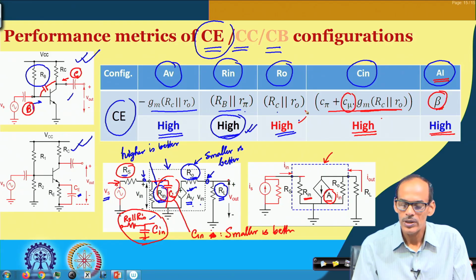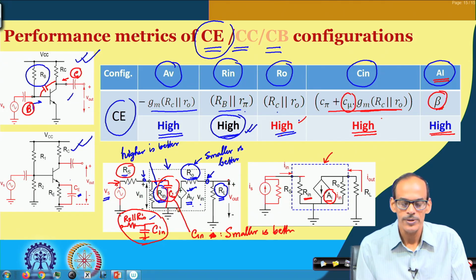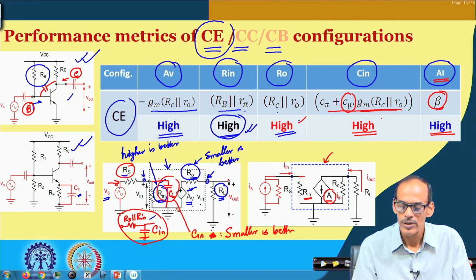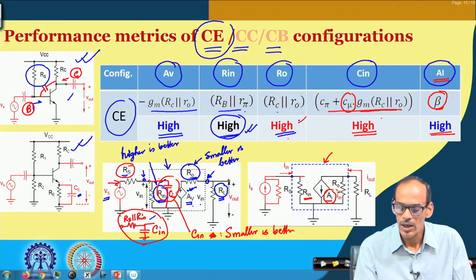Say, for example, if R out is high, for voltage mode amplification that is not good. On the other hand, if this same R out is high, and we are looking for some application where we would like to consider the output as current, then of course, the higher the value of the output resistance, the better.